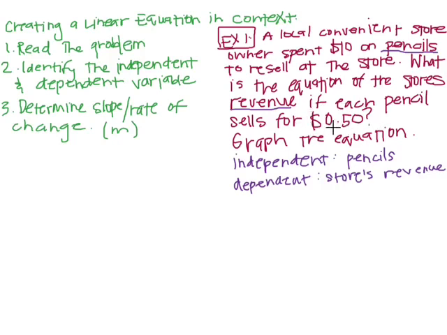So the revenue, or the dollar amount, 50 cents for each pencil sold, is my rate, or the slope. So let's say the rate of change equals 50 cents per pencil.